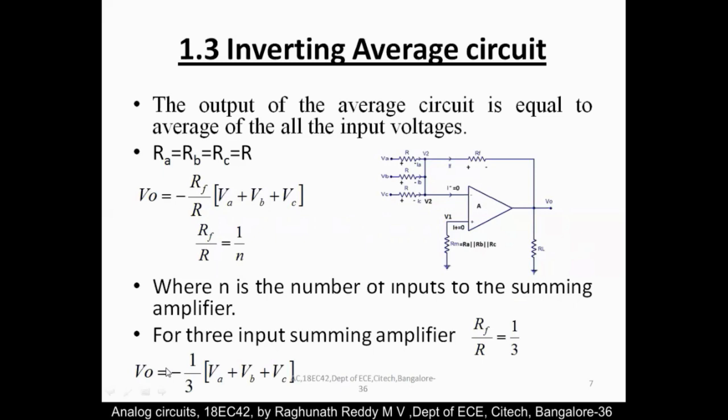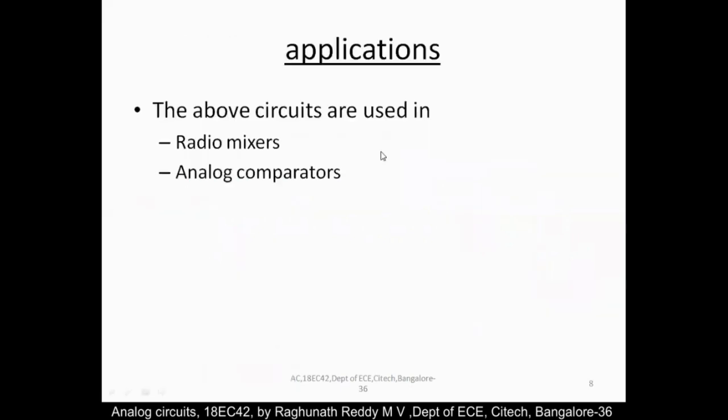So V0 equals minus 1 by 3 into (VA plus VB plus VC). So the output equals the negative of the average of all the input voltages. Hence it is called an inverting average circuit. These are the main applications of these circuits.